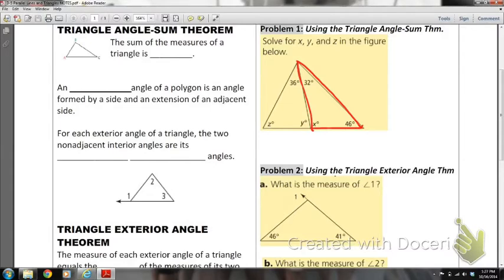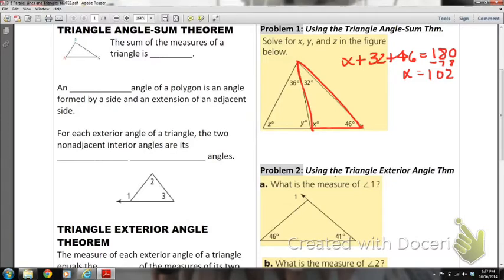The sum of these interior angles of this triangle has to equal 180. So we have x plus 32 plus 46 is equal to 180. Well, 32 and 46 is 78, so we're going to subtract 78 from both sides. So x is equal to 102.